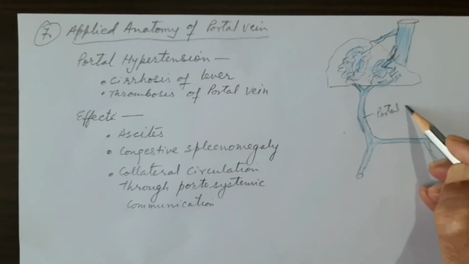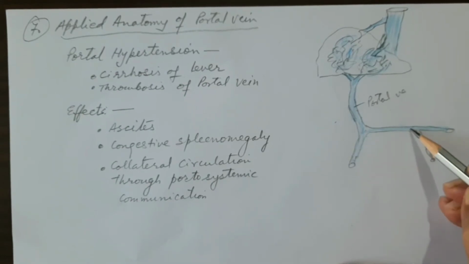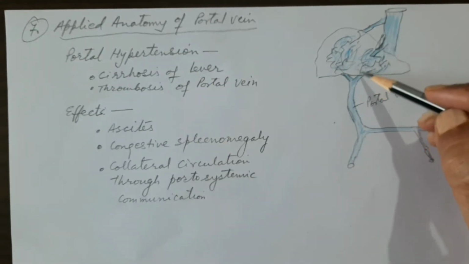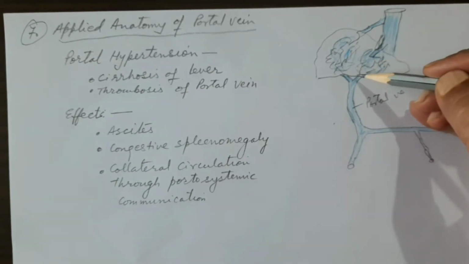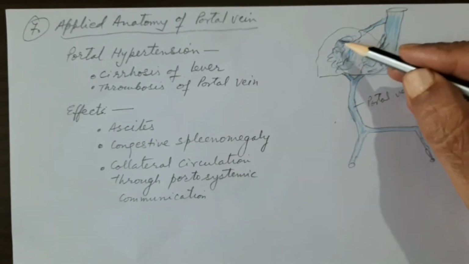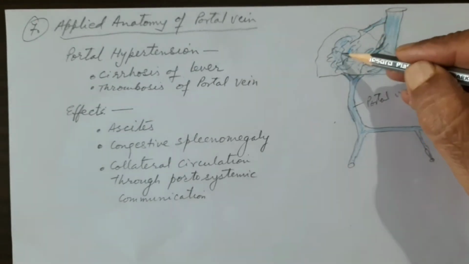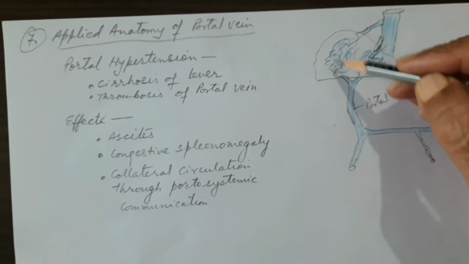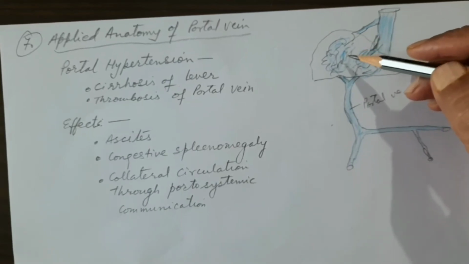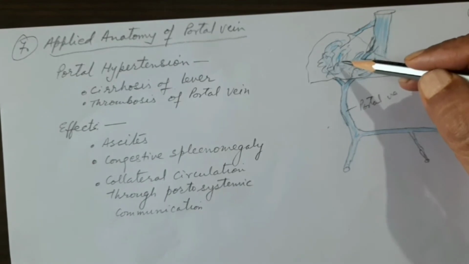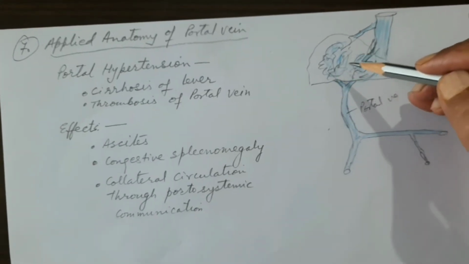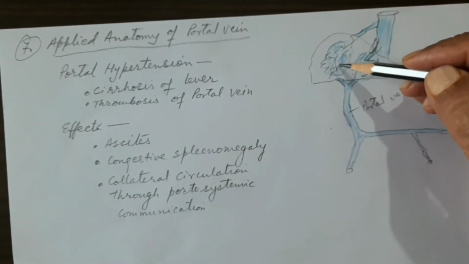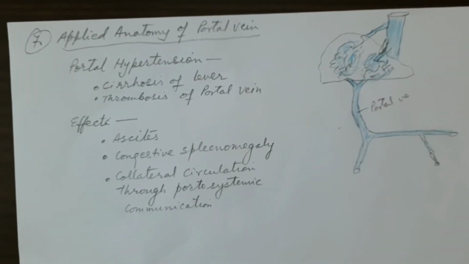The portal vein is formed by the superior mesenteric and the splenic vein at the neck of the pancreas, and then divides into right and left branches. These branches enter the right lobe and the left lobe of the liver, where they divide and redivide along with the hepatic artery, and ultimately pour their blood into the sinusoids. Sinusoids are nothing but dilated blood spaces similar to capillaries, but much larger and wider.